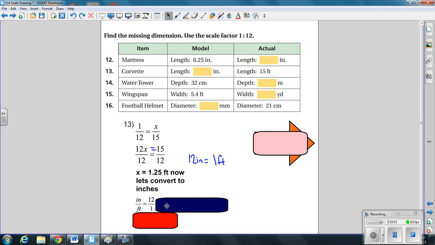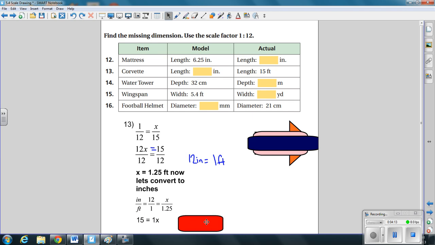So I want to know how many inches 1.25 feet is. So since I'm comparing inches to feet, this number will go in my denominator. Okay? Inches to feet. How many inches make up 1.25 feet? Use your cross product method, and we get 15 is equal to x.